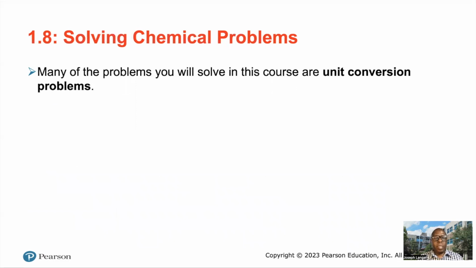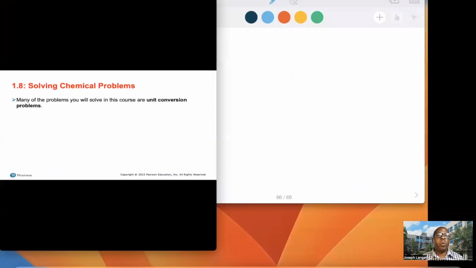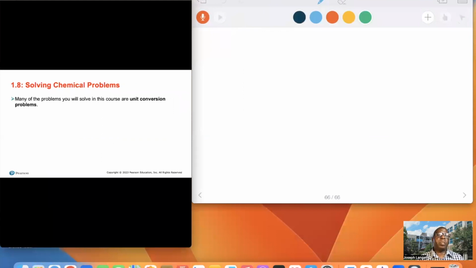Solving problems in chemistry, this is the second to last item I want to look at. This is the factor label method or dimensional analysis, which I know you have used before. We will be using it extensively in this course, all right?